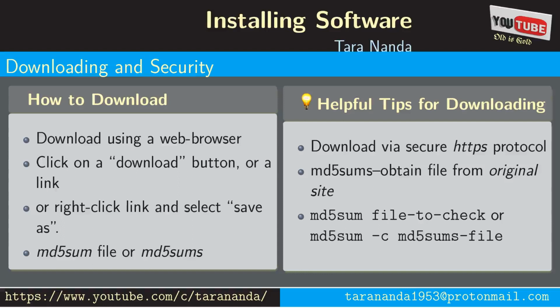Once you have downloaded the source code, you must also download what is called the MD5 sum file. It may be a single file or it may contain a list of files with many MD5 sums.